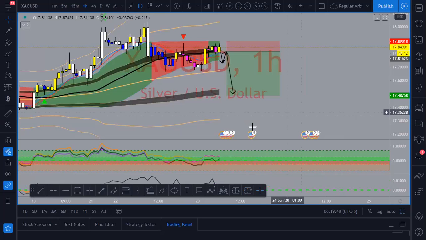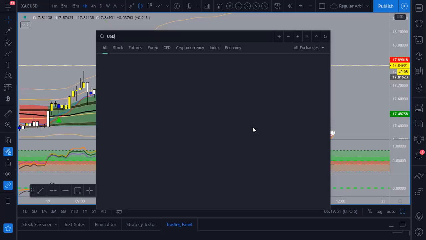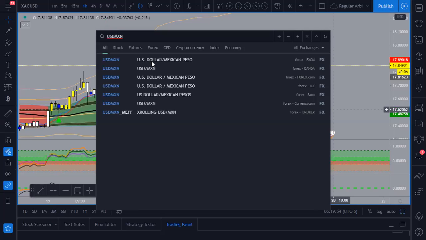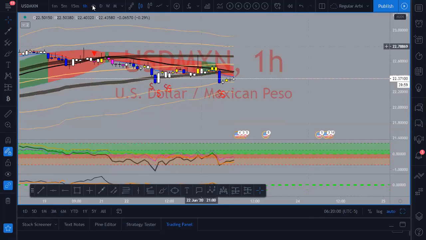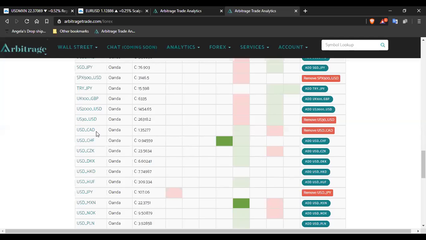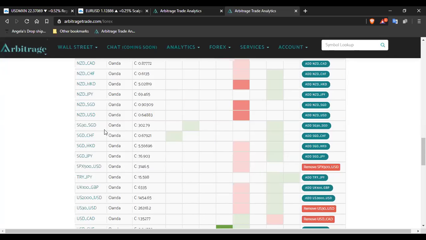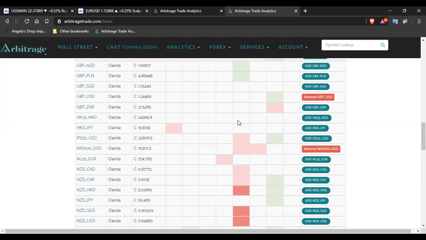Let's look at USD Mexican as it is looking for a buy opportunity apparently. If I'm not mistaken, what time frame was it on again? Let me see. The time frame was on the 1 hour.